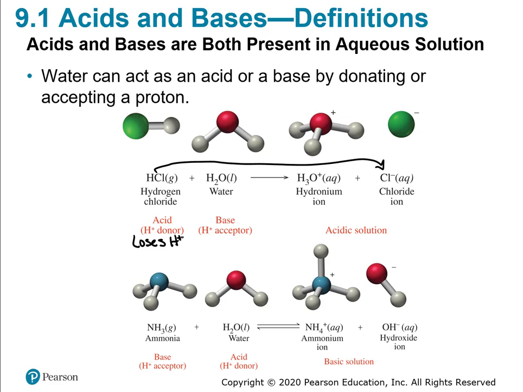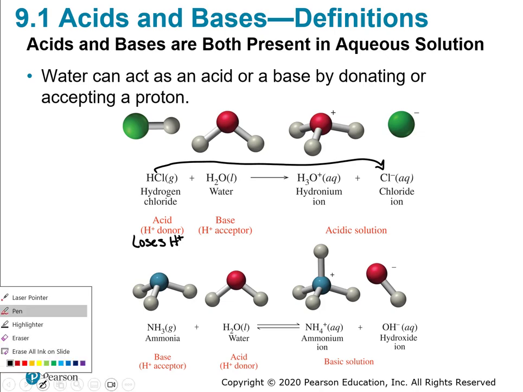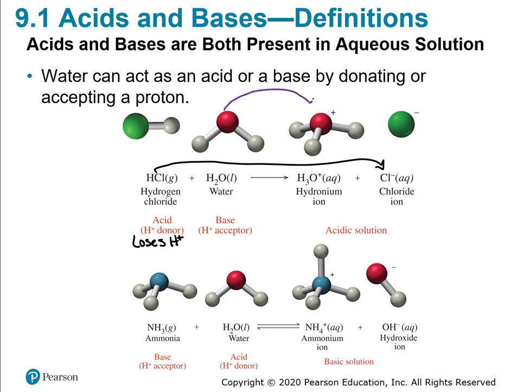But the base, this water in this example, when I look at the water, I can see that it goes from being just H2O to now it's H3O+. So I can see that this gains the hydrogen ion in the reaction. That's why it's a base. Looking at the bottom one, if I take ammonia, which is NH3, and I add water to it, it can react and form an ammonium ion and a hydroxide ion.